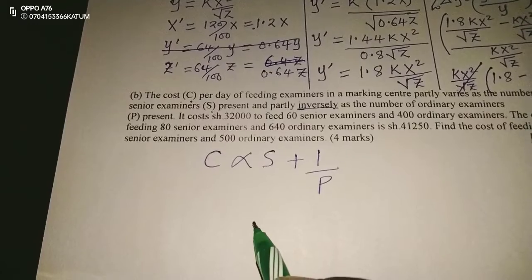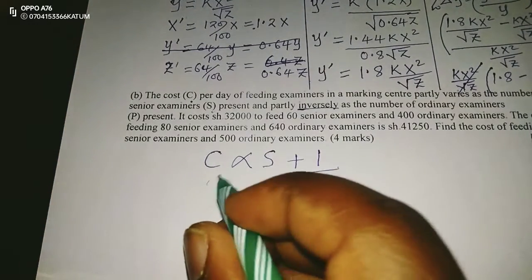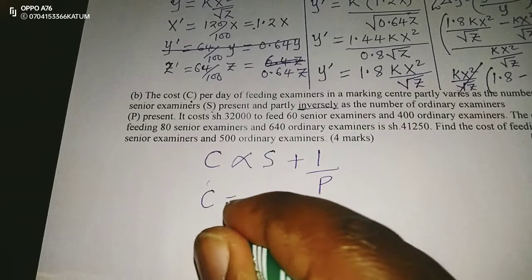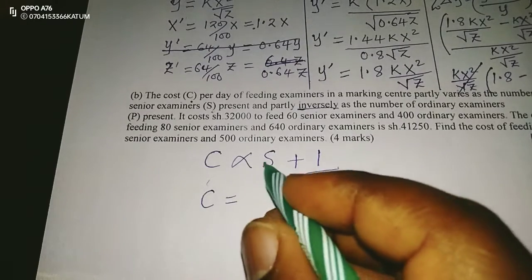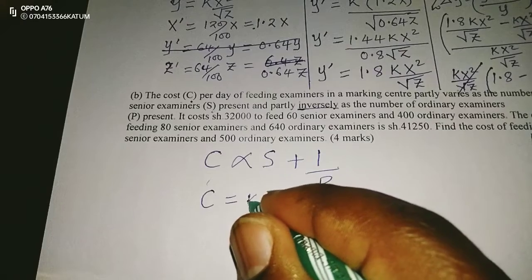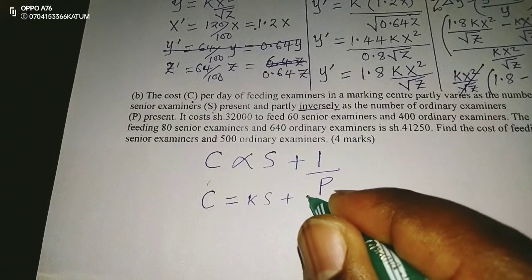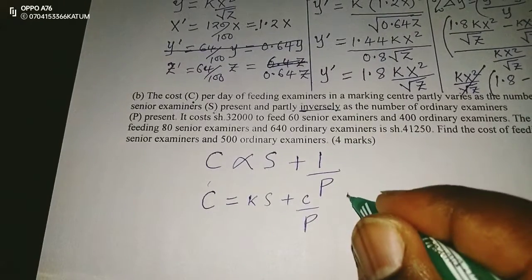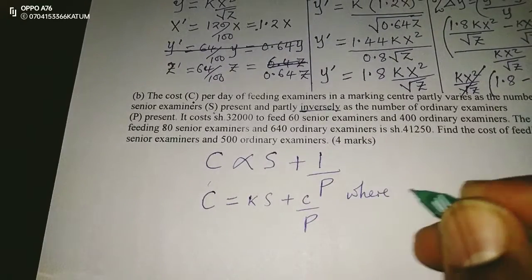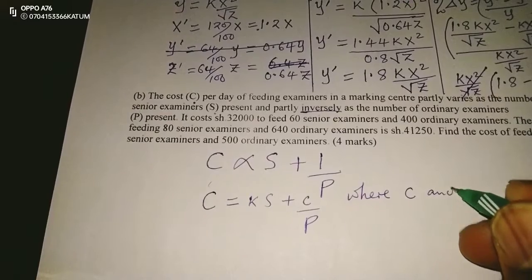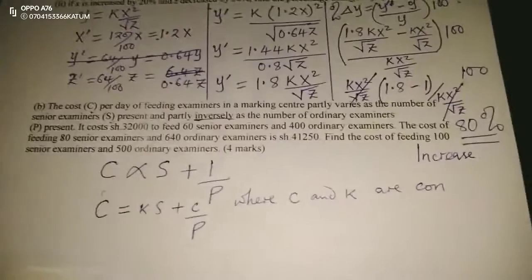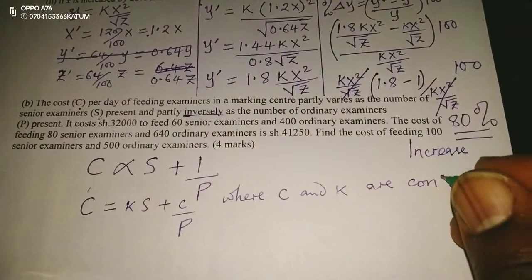This means we introduce two constants of proportionality. C equals a constant K times S plus another constant multiplied by 1 over P. In this case, we must know that C and K are just constants.